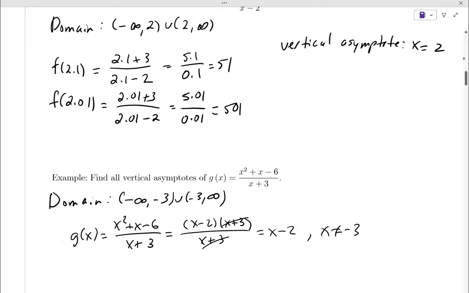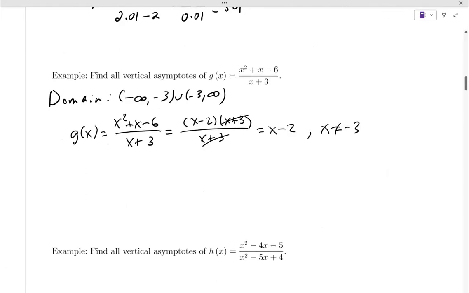So notice that what we get on this particular function for a graph would be a hole. If you just look at y equals x minus 2, what kind of a graph is that? It's a line, slope 1, y-intercept of -2. So if we want to graph this function, I have to make it a little bit smaller because I didn't leave myself a lot of room here.